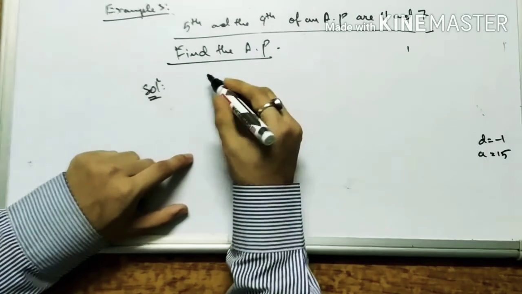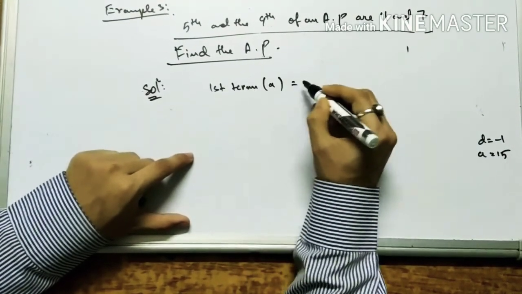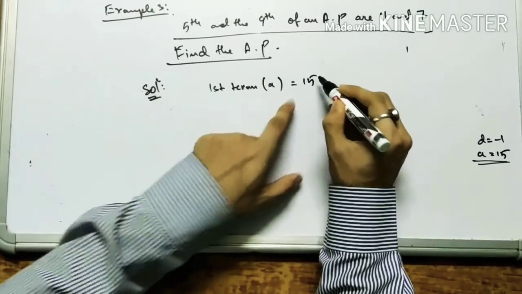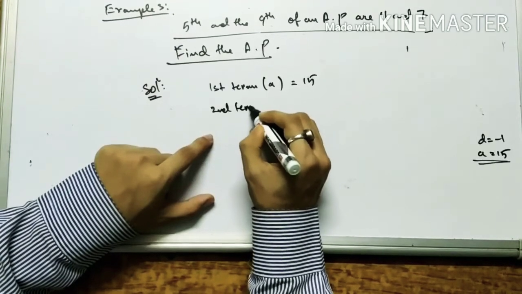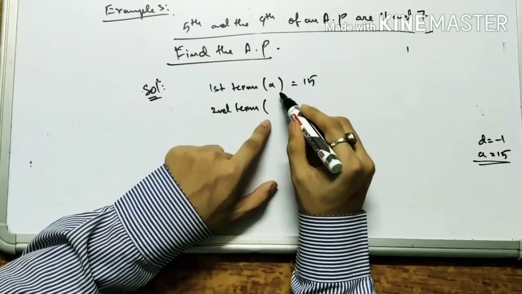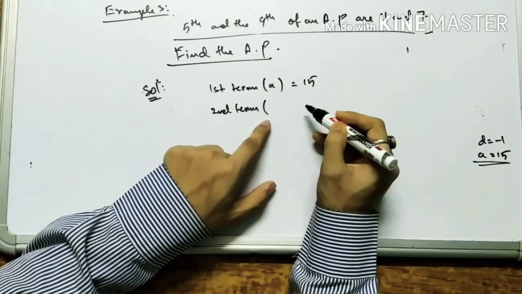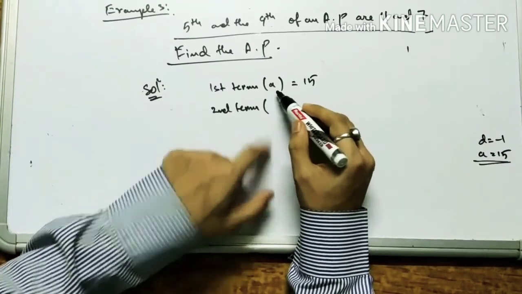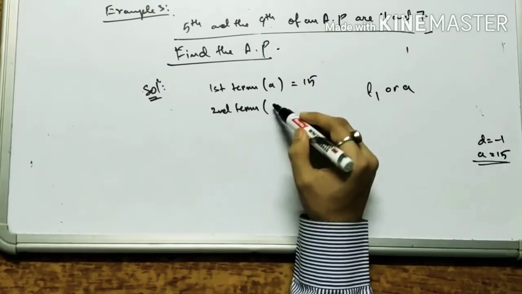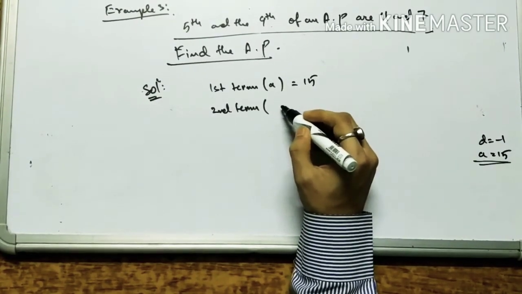Now you see. The first term, which is a, is 15. I can write a or T1.